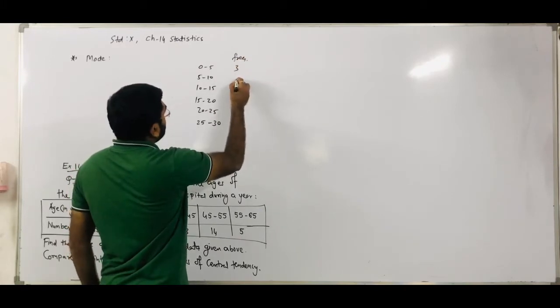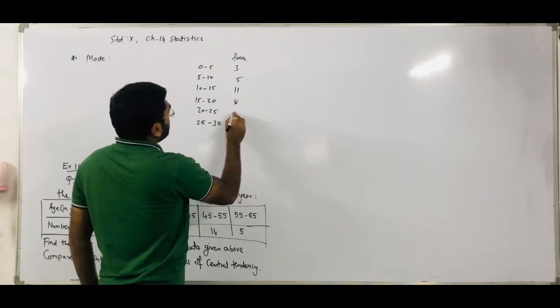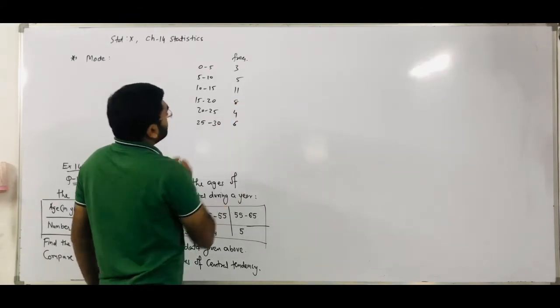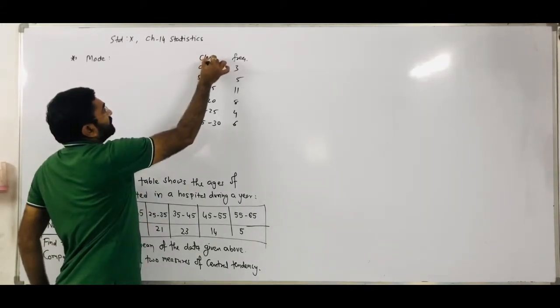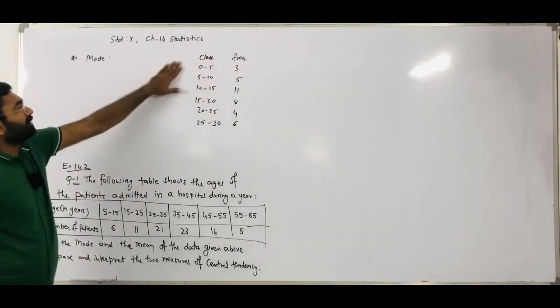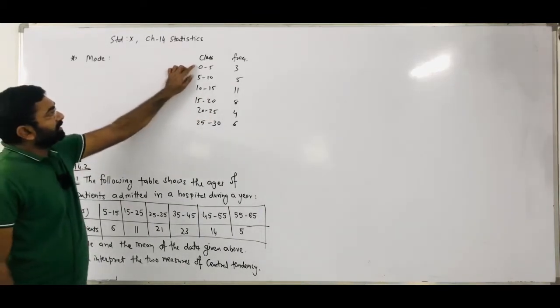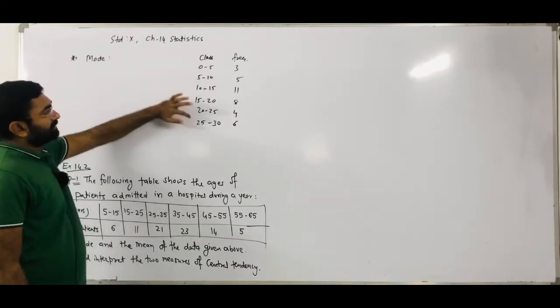This is the class and this is the frequency. If anyone asks us to find the mode for the given observations, we have to find the mode of the grouped data.